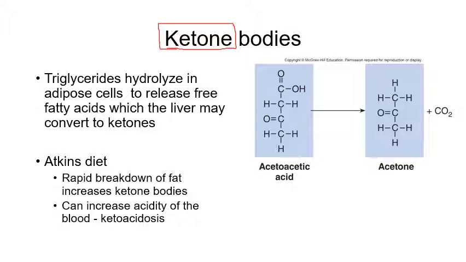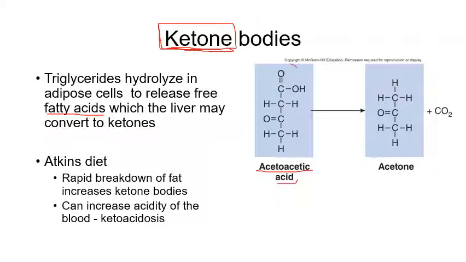When this takes place, when the amounts of fatty acid in the blood are high, greater than what you're actually using, your liver will take those fatty acids and convert them to ketones. One of those is acetic acid.